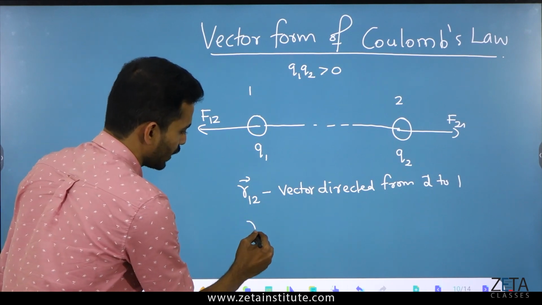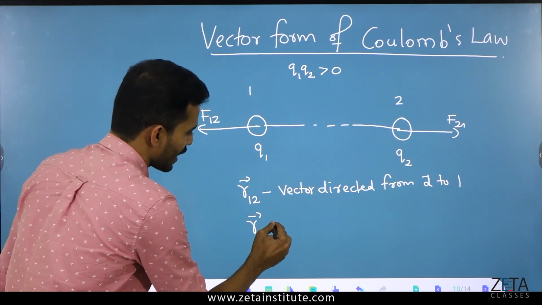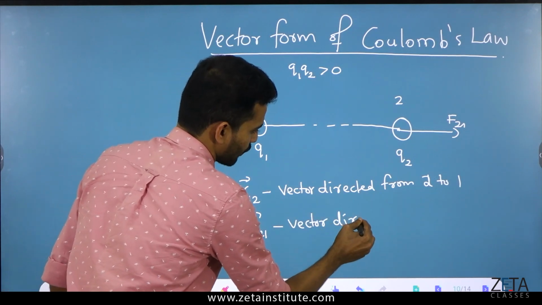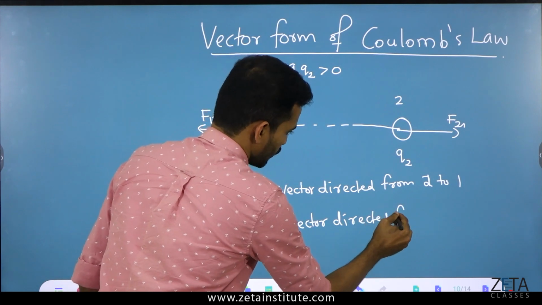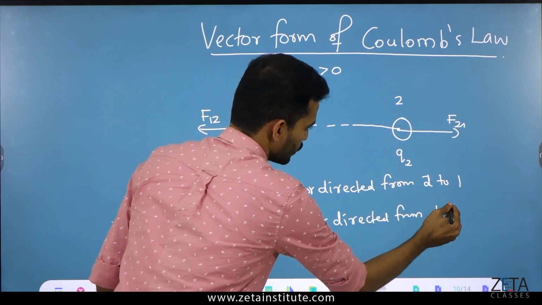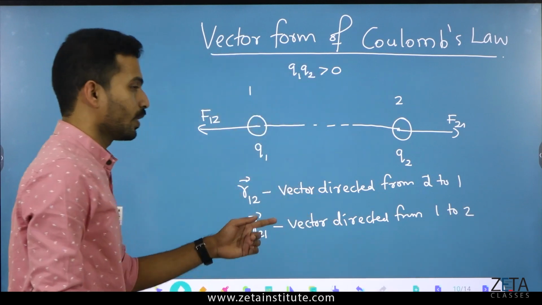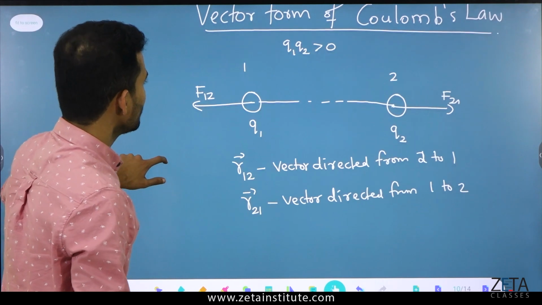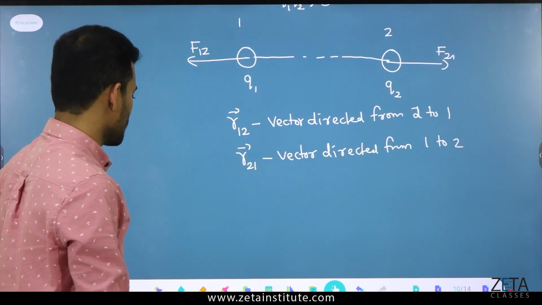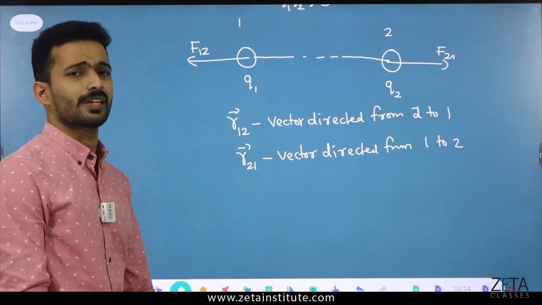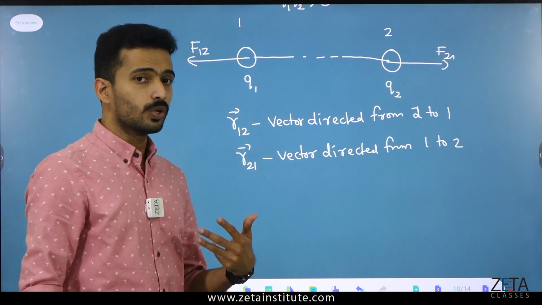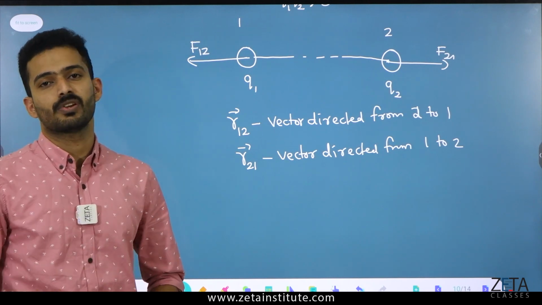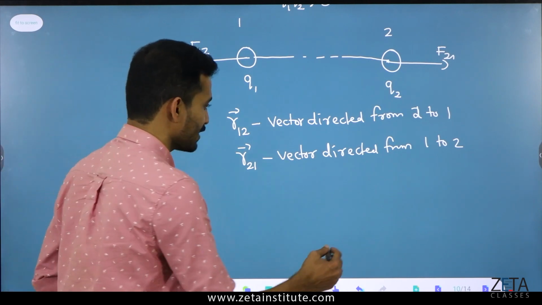Then R21 is the vector directed from 1 to 2. Previous year you have studied unit vectors. Unit vectors are used to represent the direction of a vector. So how do we write this unit vector?